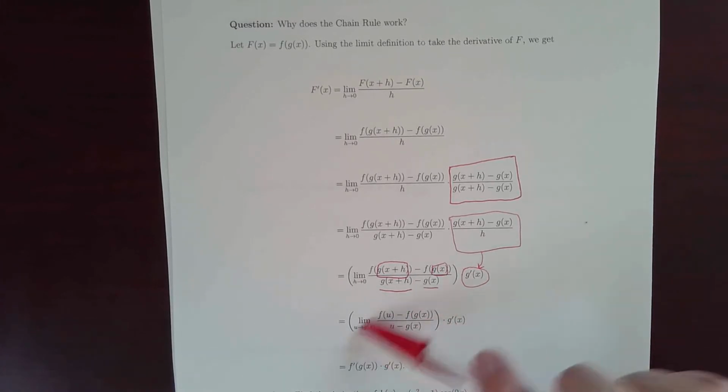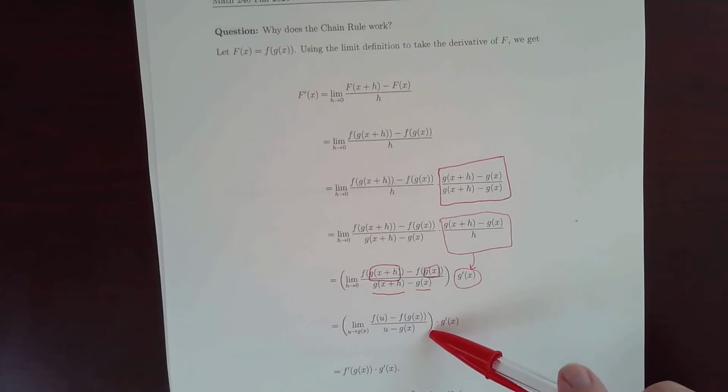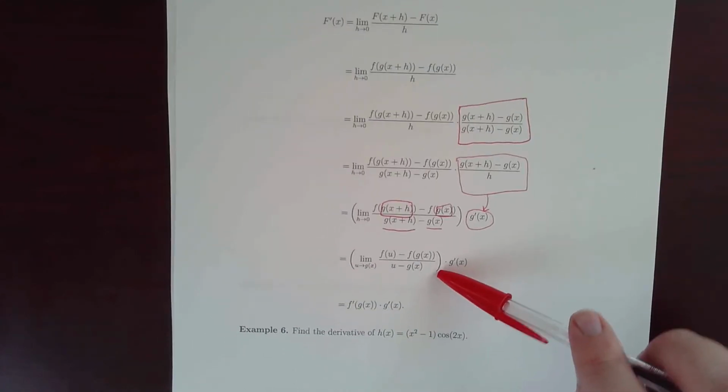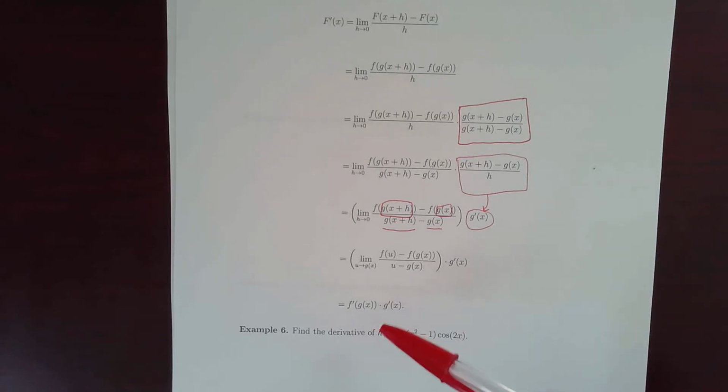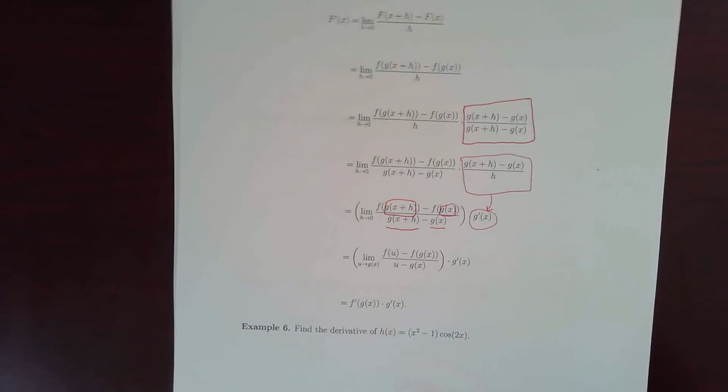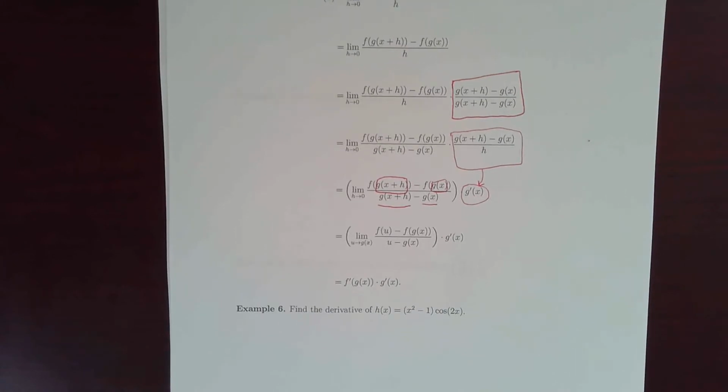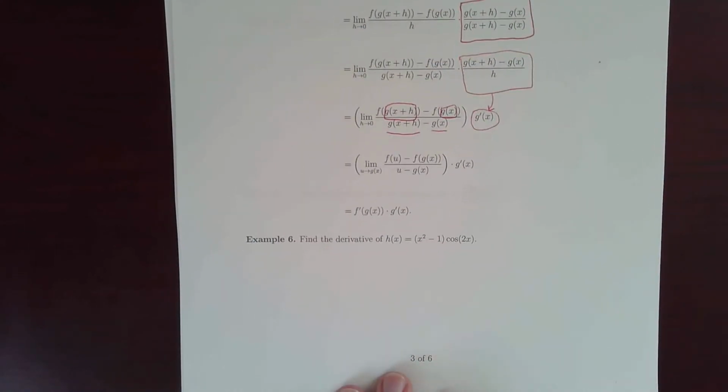And so this comes to a rewriting of the definition for this derivative, which ends up giving you the derivative of f with g of x plugged into it. So this is actually our definition of derivative at a point, which ends up helping us out.